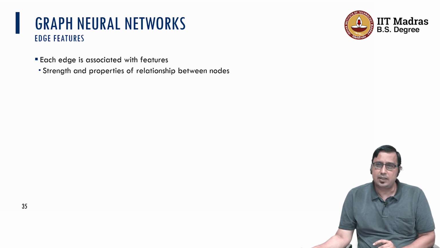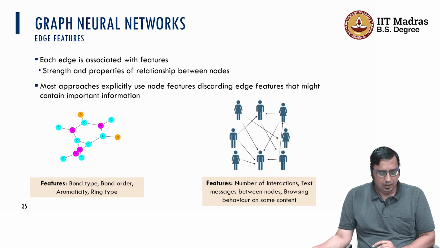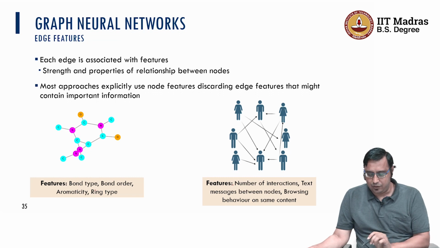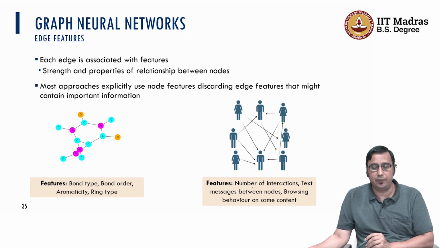We have discussed several examples in the past which show that we do not have only node features, but also edge features. For example, in the case of a molecular graph, we have bond type, bond order, aromaticity, ring type. In the case of a social media network, we have the number of interactions, text messages between two nodes, and browsing behavior on the same contents by two individuals.